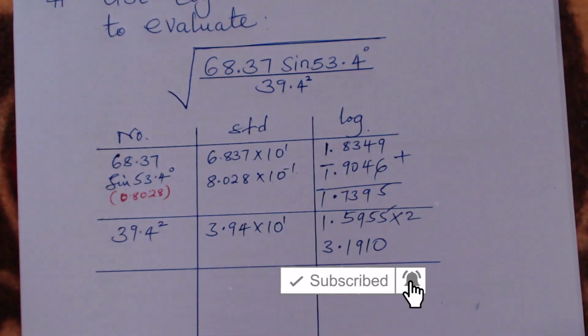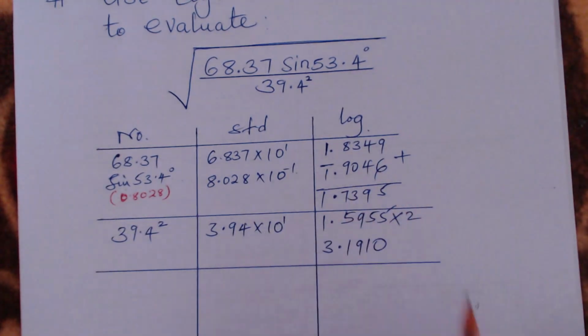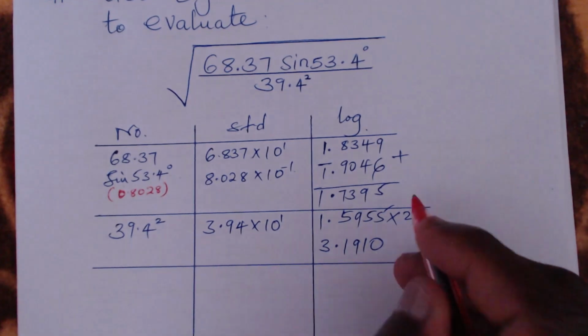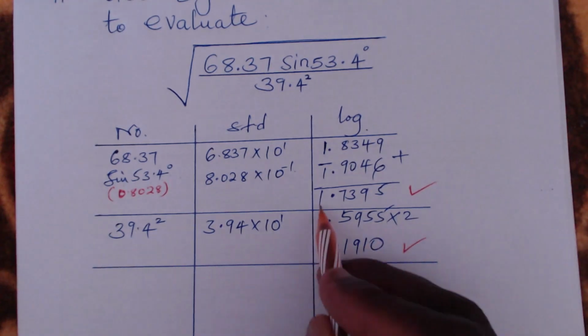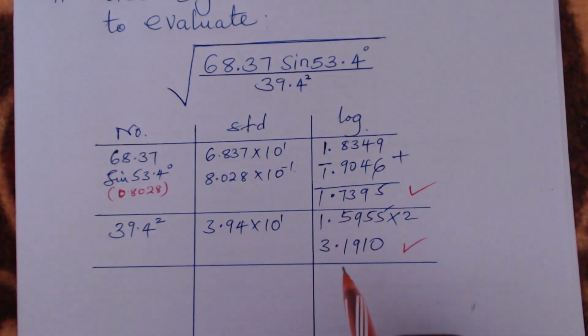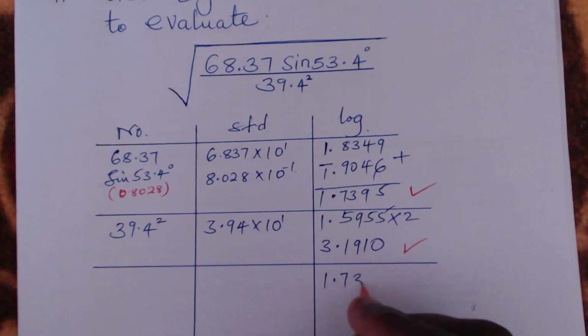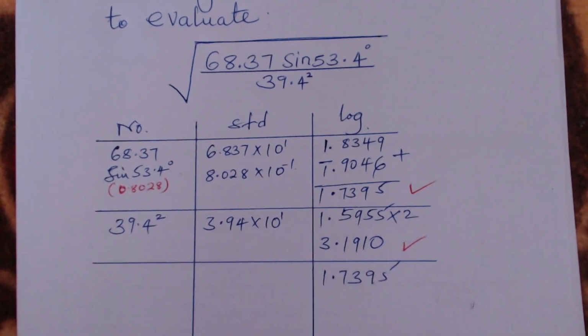Now what is remaining is to get the answer you got in the numerator, which is here. You divide that by the denominator. When you're dividing, you subtract the logs. So take the numerator. The numerator was 1.7395.